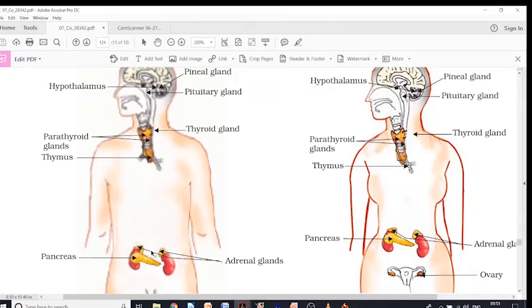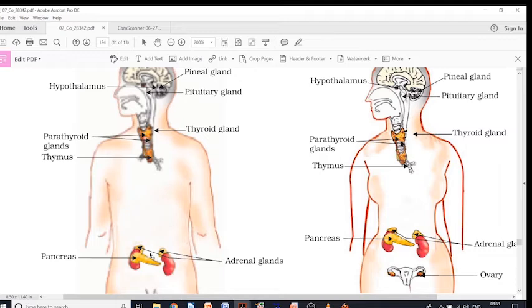That is why we are healthy, because if the blood glucose level rises, then we will have diabetes, and that is the reason people with diabetes are given insulin injections, because their insulin hormone is not there.